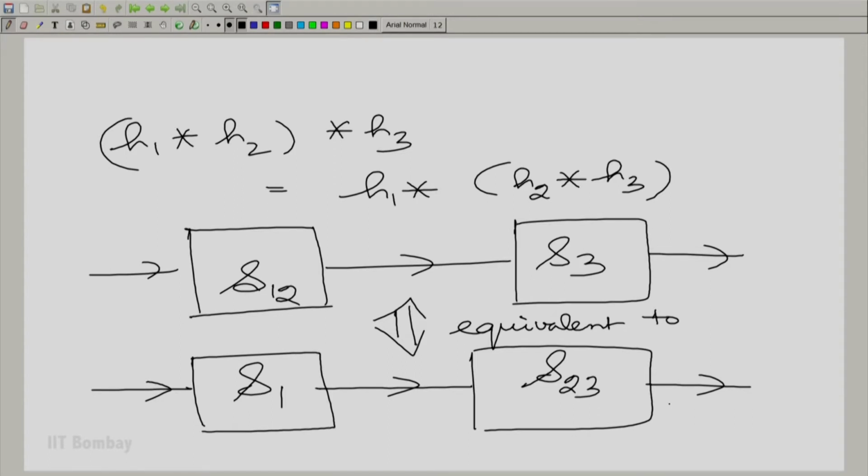So, what possibility does this give you? This gives you the possibilities, let us write them down. S1, S2, S3, which of course was the original one, or S1, S3, S2.